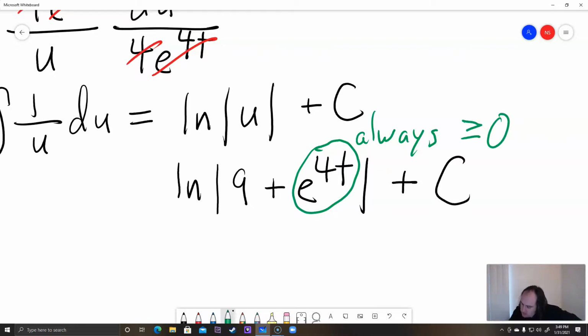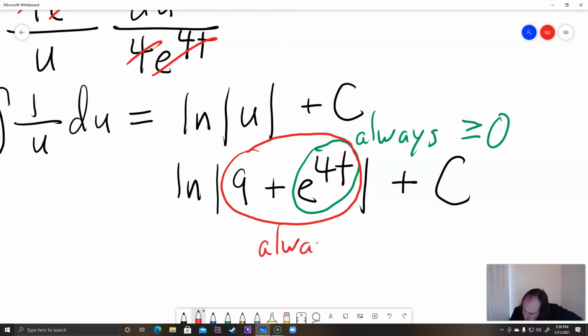Okay. So that means this entire thing, the 9 plus e to the 4t, is also always greater than or equal to 0. Right? Because 9 plus some number that's greater than or equal to 0 is certainly greater than or equal to 0. In fact, it's even greater than or equal to 9. But we don't care about that.